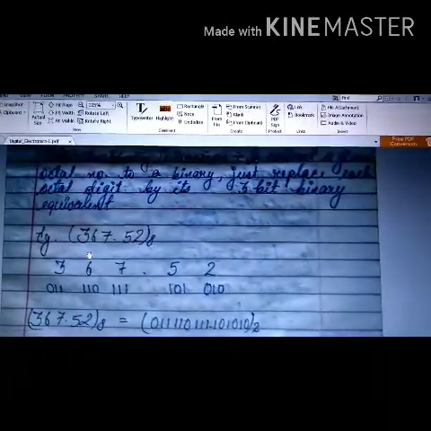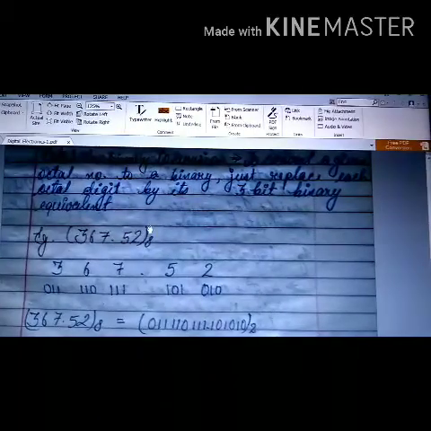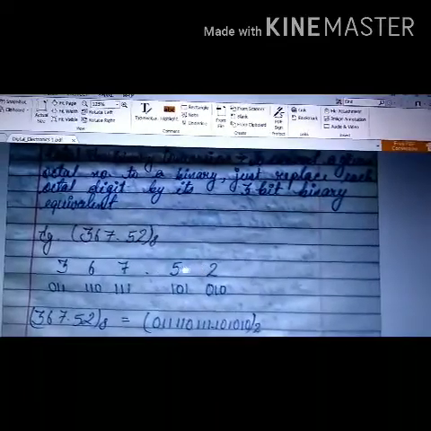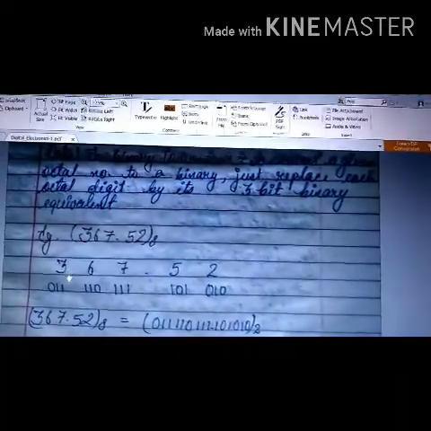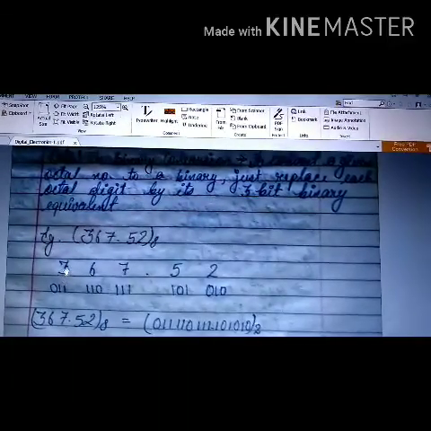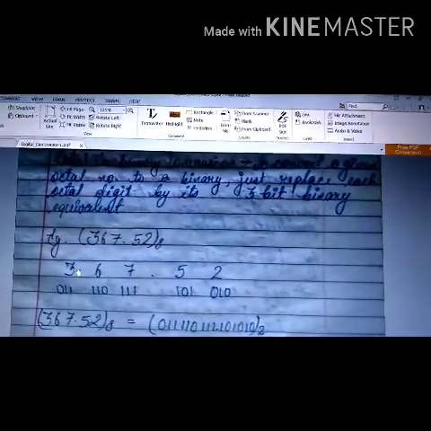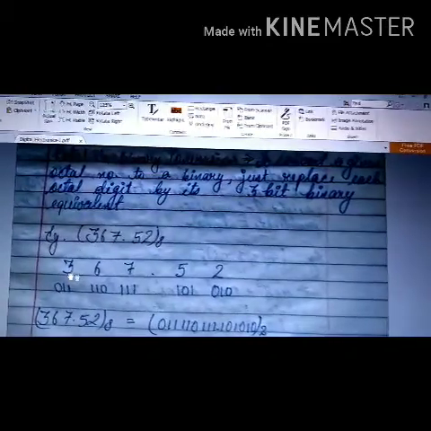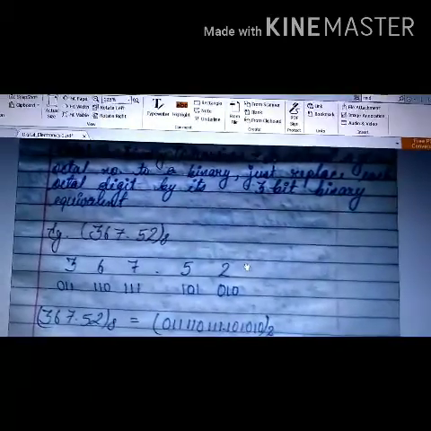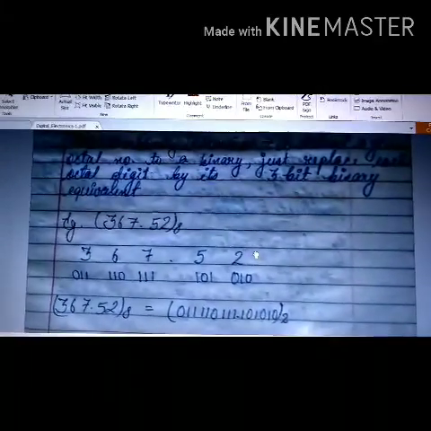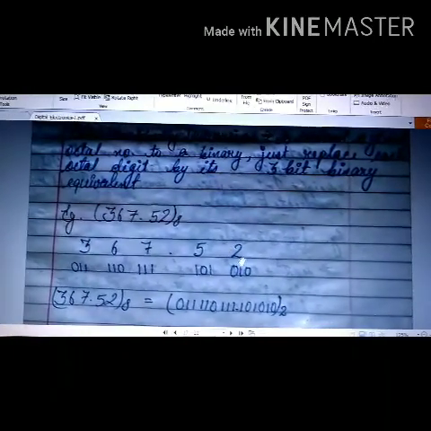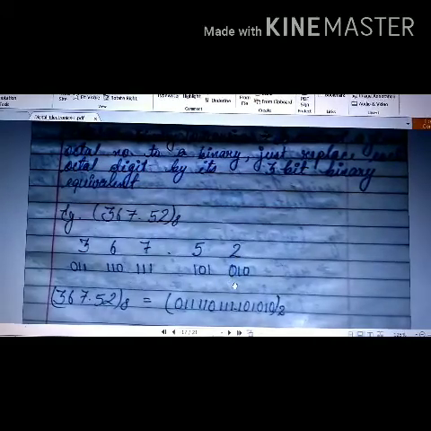Suppose I have the number 367.52 to the base 8, that is, an octal number. I will write each digit like this, considering each digit as a decimal digit, and write the binary equivalent of these digits, and that too in 3-bit binary only. So if I have the digit 2, its 3-bit binary is 010.